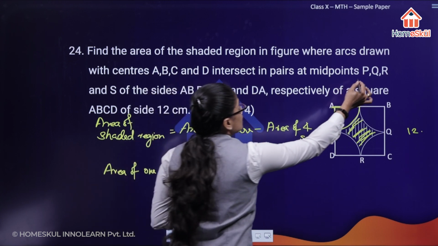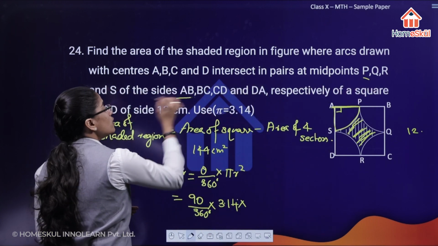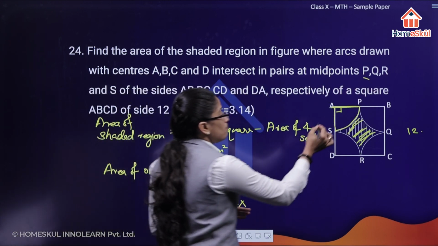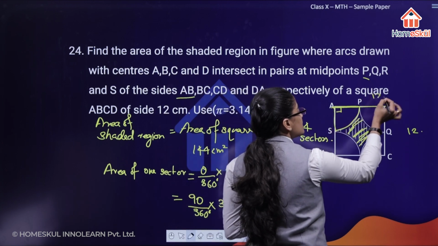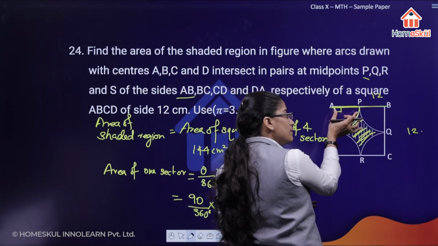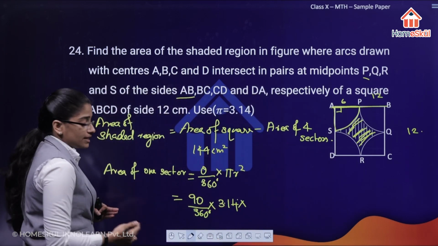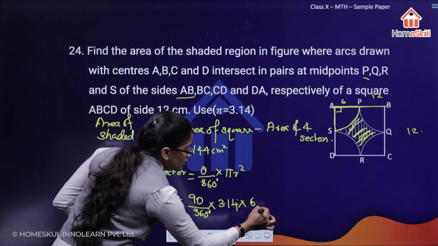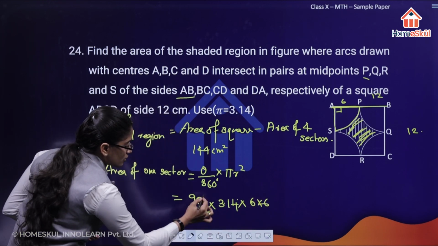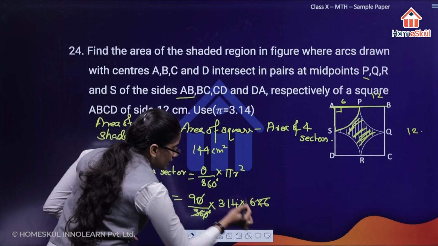It is given that P is the midpoint of side AB. AB is 12, so with P the midpoint, AP will be 6. So the radius is 6. We get r squared, so 6 into 6, 36. The zeros will cancel.